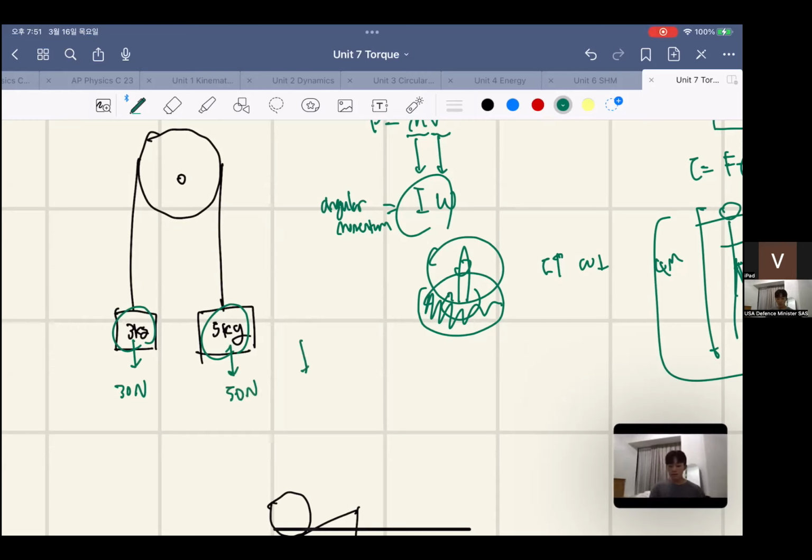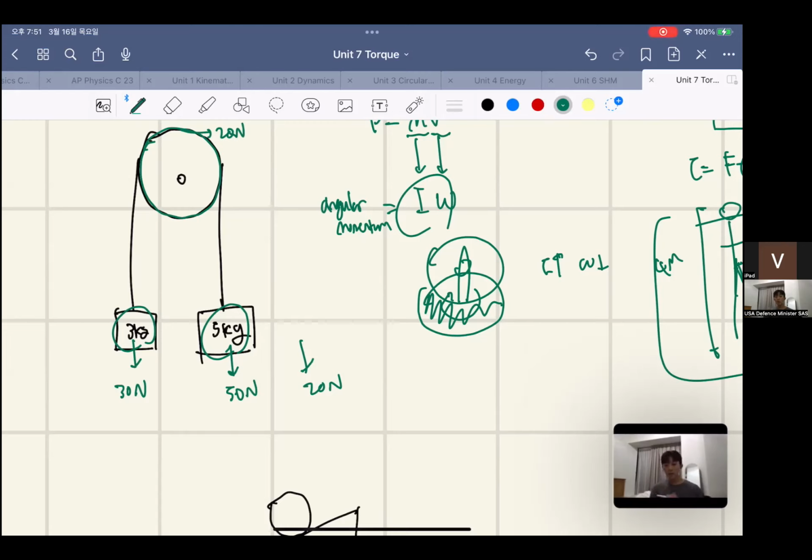Thus, the net force would be 20 newtons pulling downward on the right side, meaning that on this pulley, we have 20 newtons of force applied clockwise.